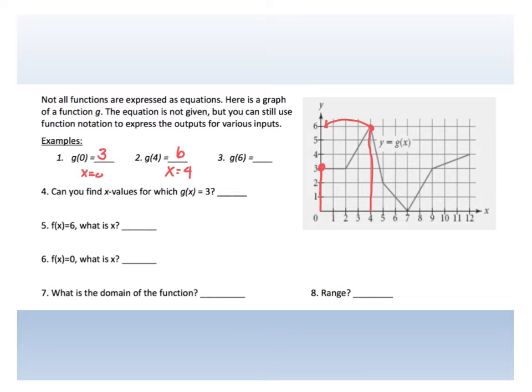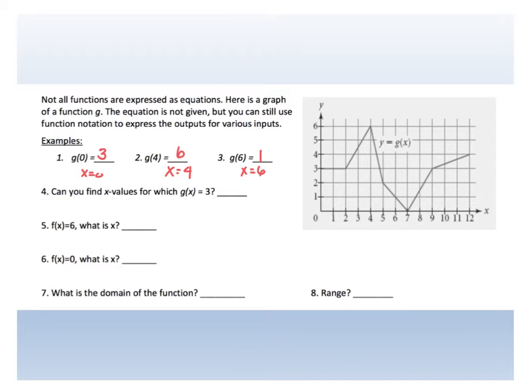So g of 4 is equal to 6. And then we have g of 6, which is here, touches the graph right here, which gives me positive 1, right? Hopefully that was easy. I will be erasing what I drew on the graph just so that it doesn't get all cray-cray with all the problems.